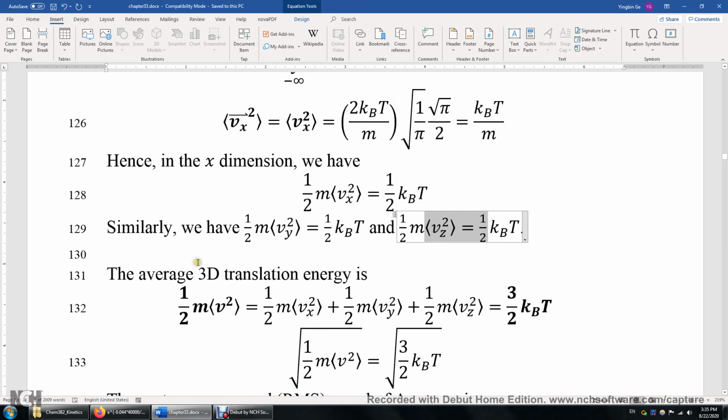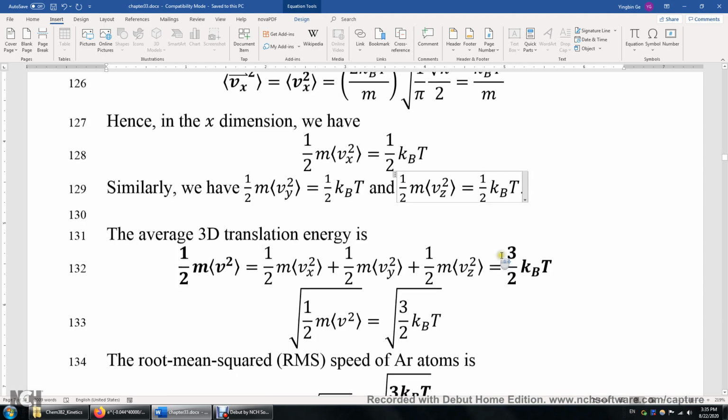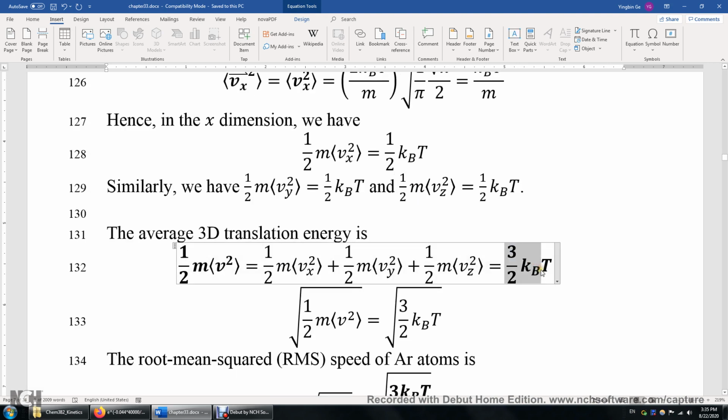Therefore, the average three-dimensional translational energy is simply the sum of this guy and this guy and this guy. The result is 3/2 kBT. So if you have a bunch of gas particles moving around at temperature T, we can predict the average kinetic energy of these particles is 3/2 kBT.